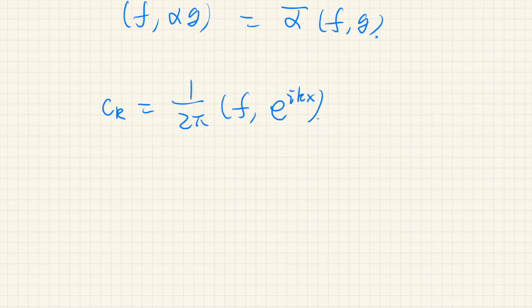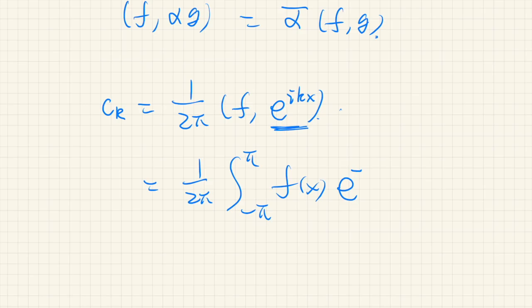To see this, just go back to the definition of this inner product. That is this integral of f of x, and the complex conjugate of this is exponential of negative i kx. So this is the Fourier coefficient ck of f.